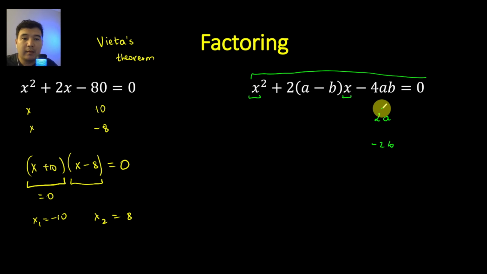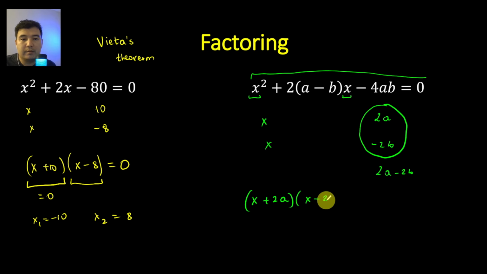And then the sum. What happens if you add these two numbers? It's 2a minus 2b, right? Which is this number, if you take out the 2. So put this x here, x here. The factorization is going to be x plus 2a and x minus 2b equals 0.